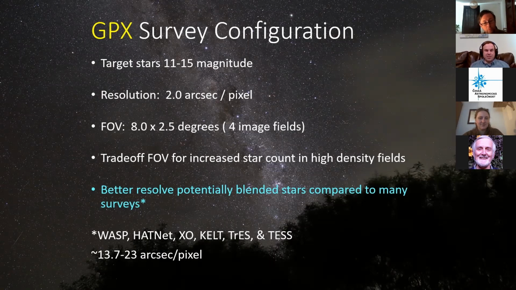Blended means two stars close together, and maybe one star has a transit and the other one doesn't. If you're doing photometry on the two stars close together, the transit would have a lot lower depth, which would then fall out of the range of the ground surveys to detect them.